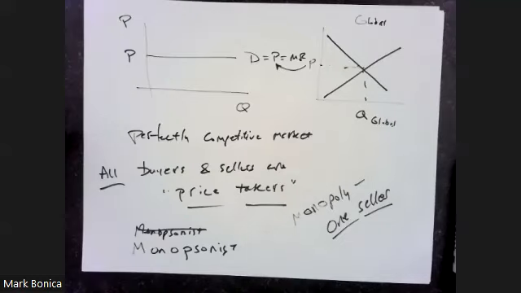There are relatively few. I'm trying to think of a good example of a monopsonist. There are some in the agricultural sector, I want to say, where everybody has to sell their milk to the milk collective, for example. I'm not sure on that one, but for example, I think with California raisins, if you are a raisin farmer, you have to sell all of your raisins to the raisin collective.